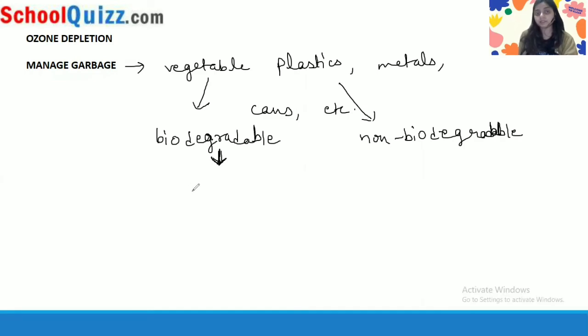Like the decomposers we have seen in examples: what do decomposers do? They eat the dead organisms, and after some time that dead organism vanishes. Where did it go? It goes to the earth again.